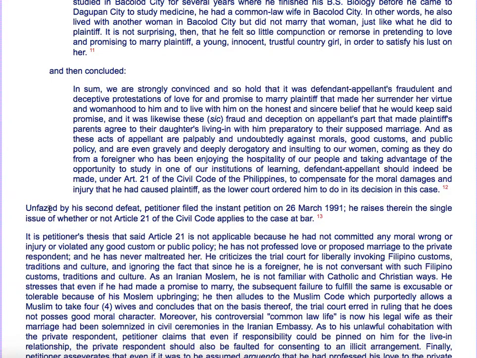So, before you go to the Supreme Court, syempre, aakyat ka sa tribunals, di ba, class? After the decision of the Court of Appeals, if you lost at the CA, your only recourse, the only tribunal left is the Supreme Court or the SC. So, the petitioner filed the instant petition.